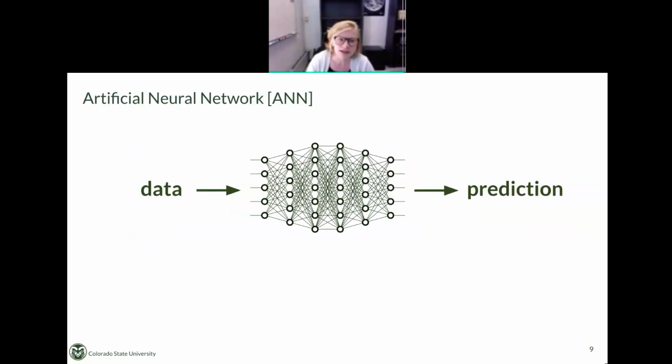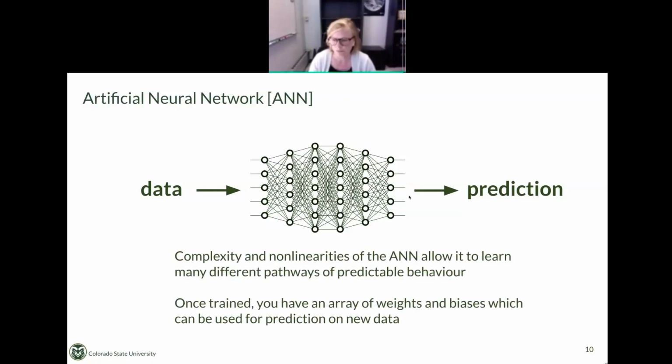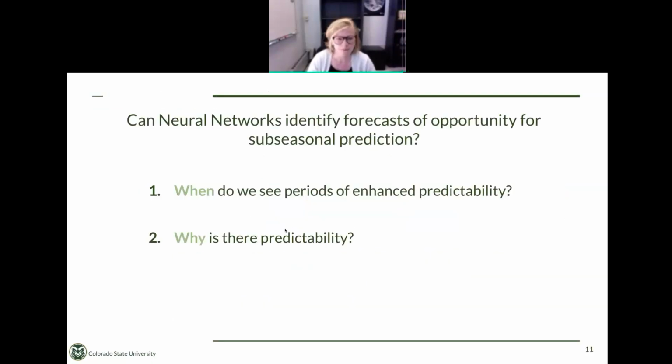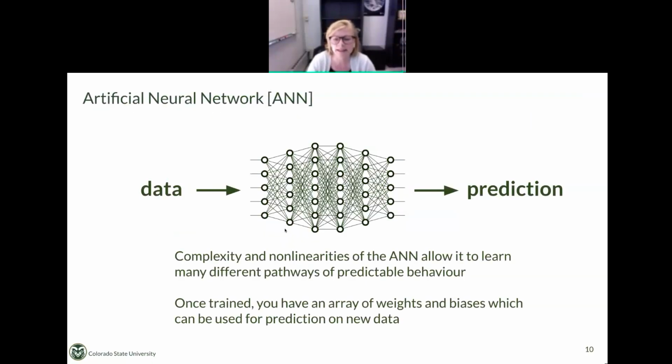You can imagine that ANNs can get very complex very fast in terms of how many nodes you have in a specific layer and how many layers you have. But this complexity and nonlinearities of the ANN allow it to learn many different pathways for predictable behavior. Once your neural network is trained, you have an array of weights, these lines here, and biases, which can be used for prediction on new data.